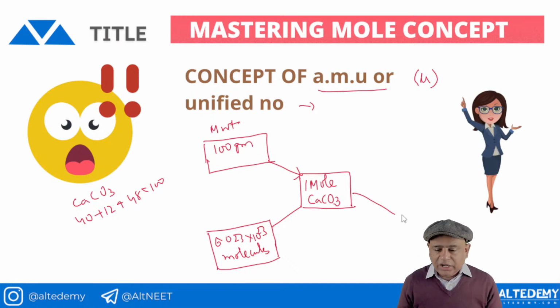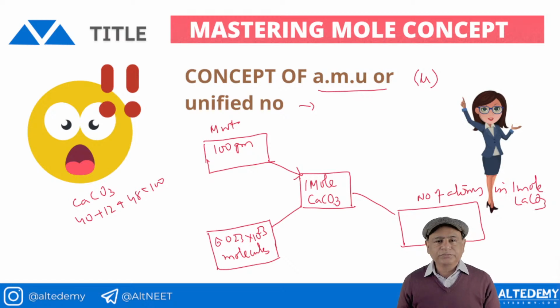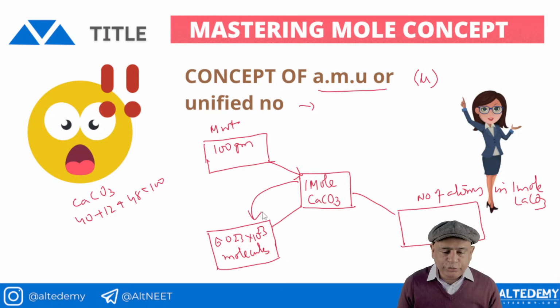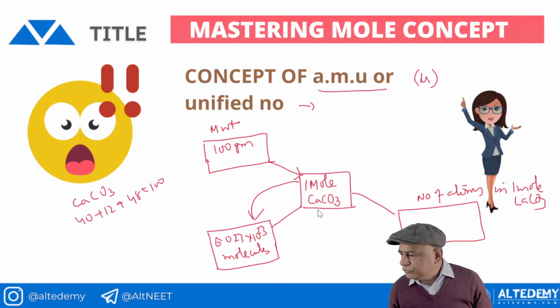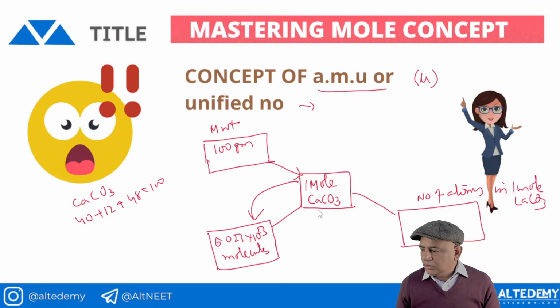I asked how many number of atoms in 1 mole of calcium carbonate. First we calculated number of molecules from here to here. So we got 6.023 into 10 to the power 23 molecules. I hope you do not have a confusion out here, Sharon. 1 mole of calcium carbonate is equal to 6.023 into 10 to the power 23 molecules.